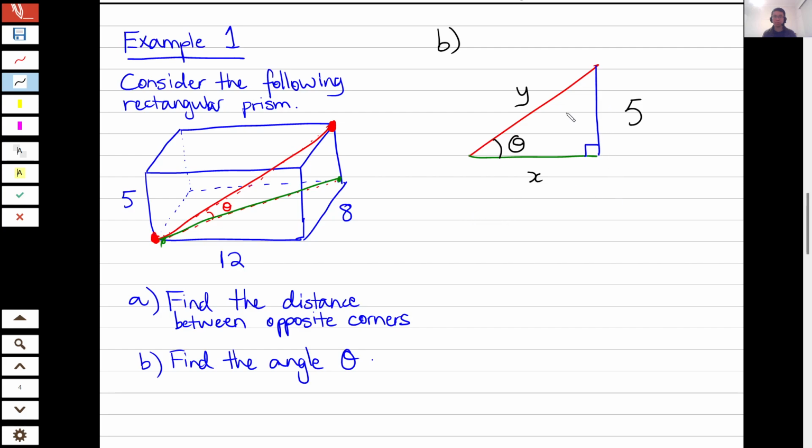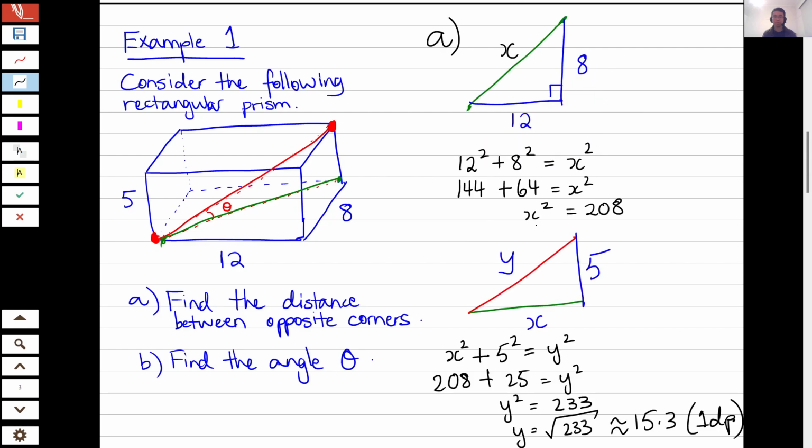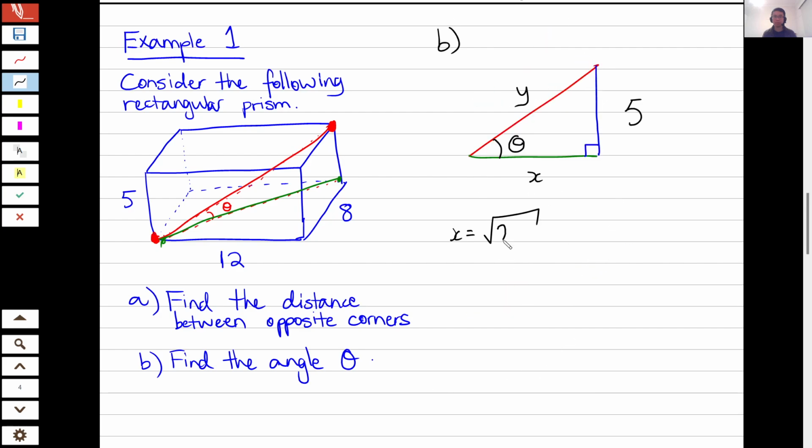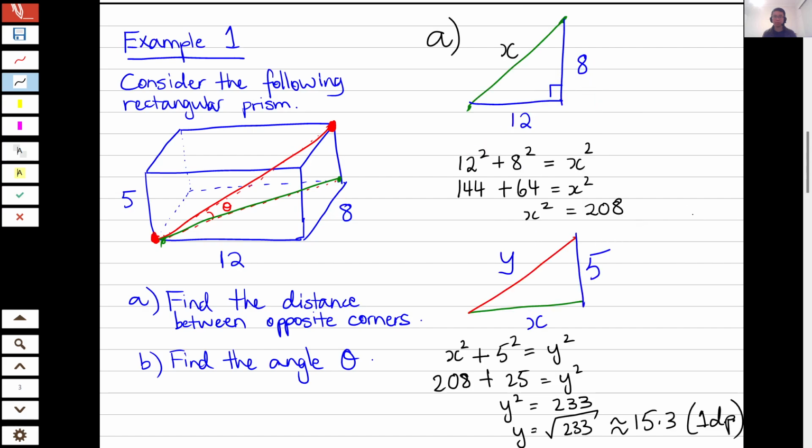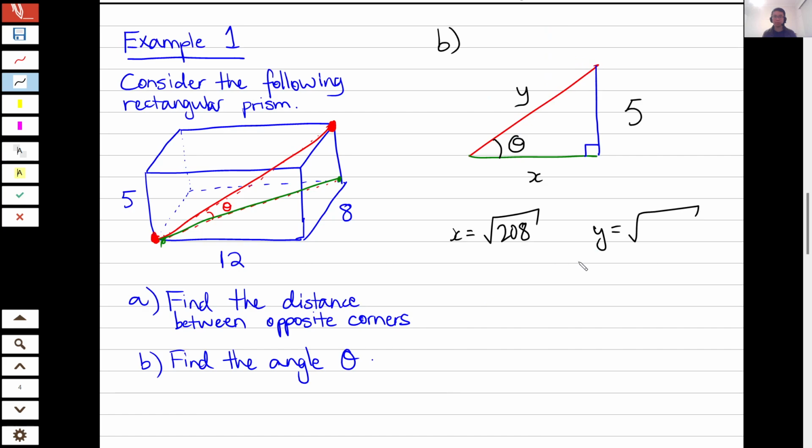I should also say that x equals root 208 and y equals root 233.